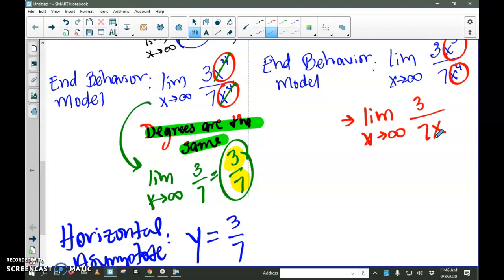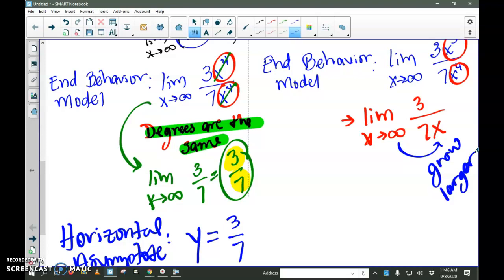So let's think about this. The limit as x approaches infinity. And what that means is, I can't substitute infinity in for x. But what's going to happen is x is going to grow larger and larger as you start to input 100 and 1,000 and 10,000 and 100,000 and 1,000,000.